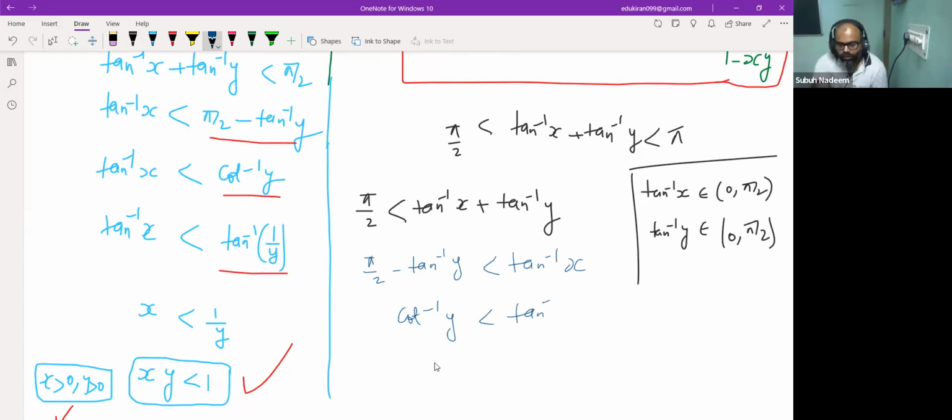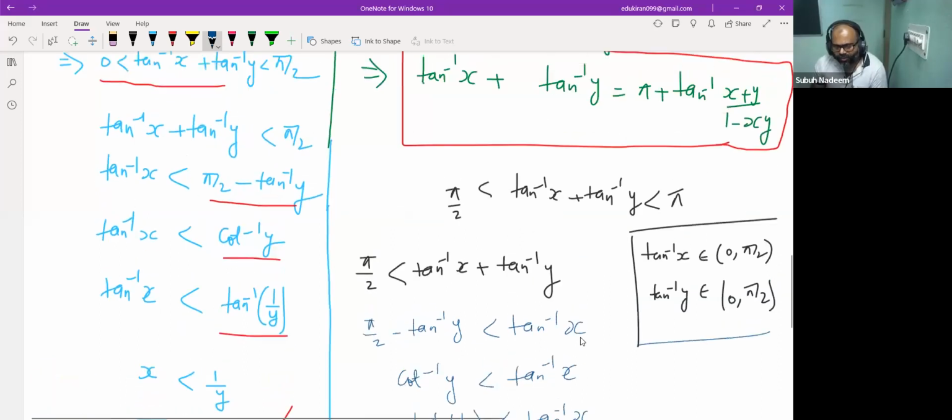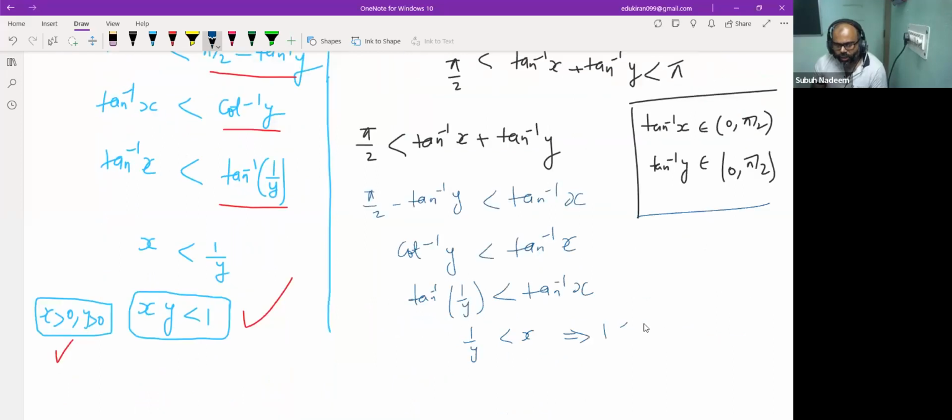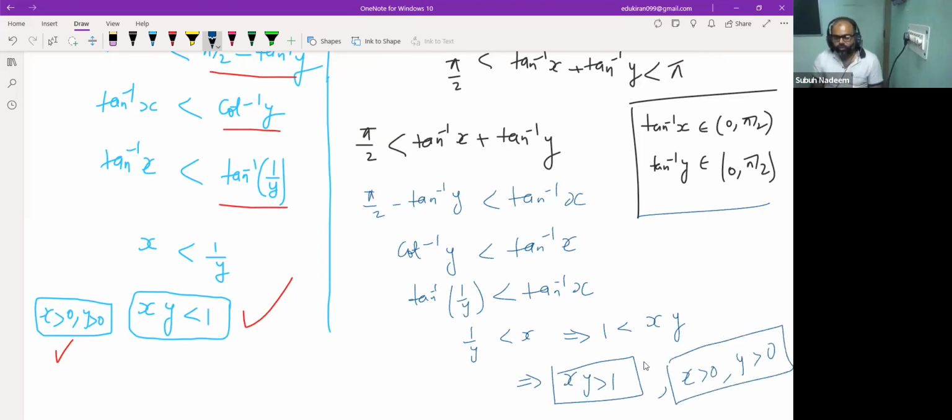So what it means now is that 1 by y is less than x, or we say 1 is less than xy, or we write it like this, xy greater than 1. So this is another condition, and x positive, y positive is the condition which is already there. So these two formulas come with these conditions.